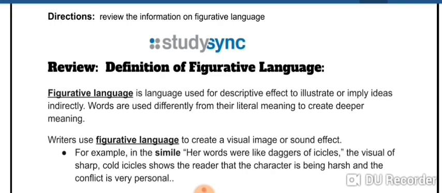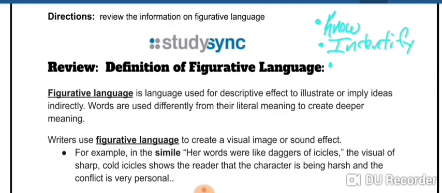based on our benchmark, when you're analyzing figurative language, here's what you have to do. You have to know what the specific types of figurative language are, like metaphor, simile, alliteration. You have to be able to identify it in the text.